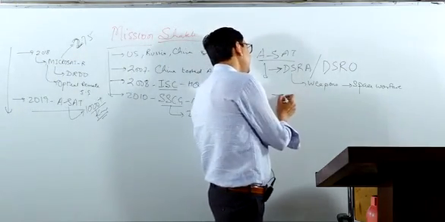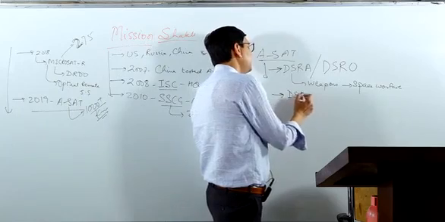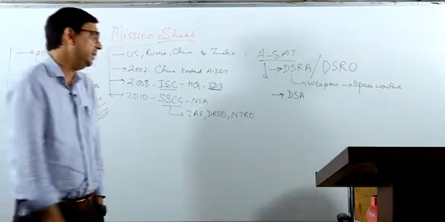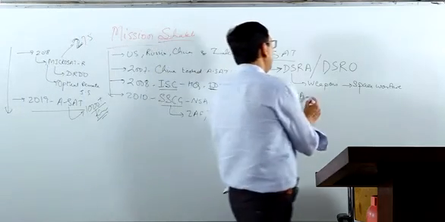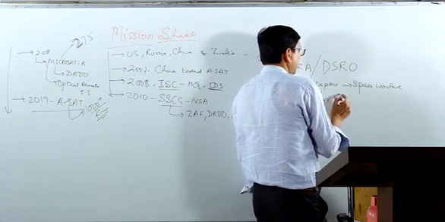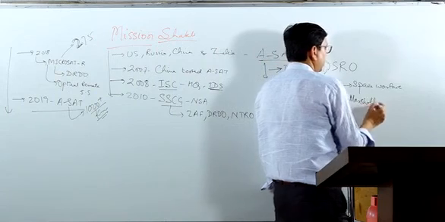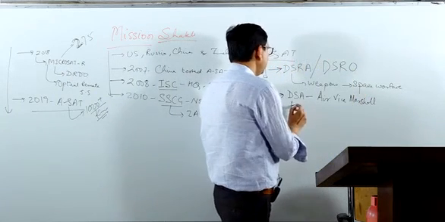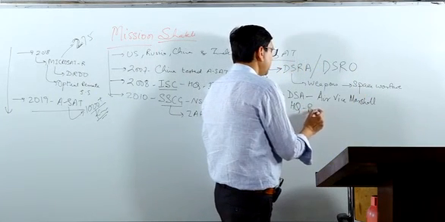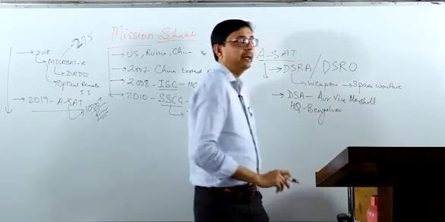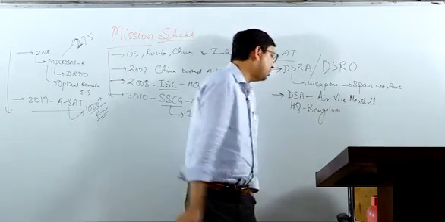Then after DSRA, we created DSA, Defense Space Agency. Now, Defense Space Agency will be headed by an officer of the rank of Air Vice Marshal. It will have its headquarters in Bengaluru. And what is its job?